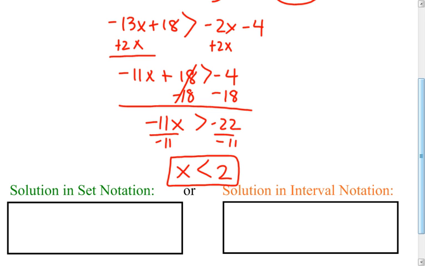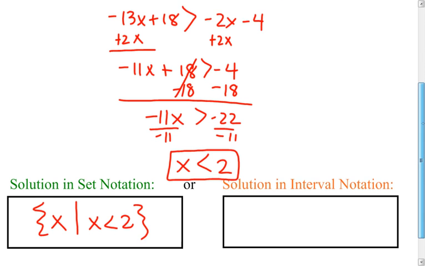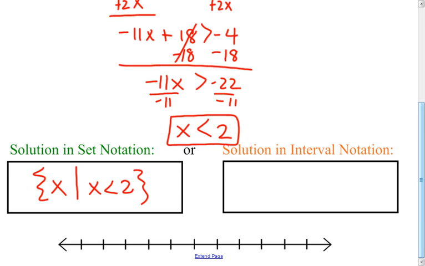So, in set notation, it will look like that. And in interval notation, it helps to have a number line first. So let's say this is 2, 3, 4, 1, 0. Open circle at 2 because it is not underlined. And the arrow is pointing to the left, so I'm going to shade to the left.